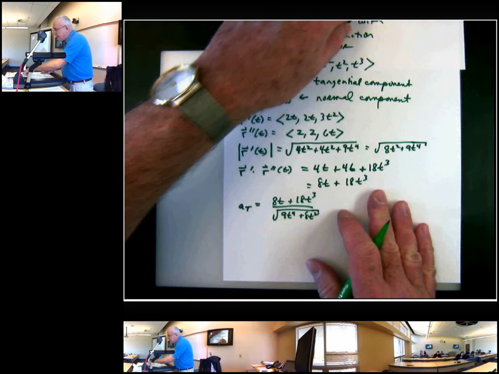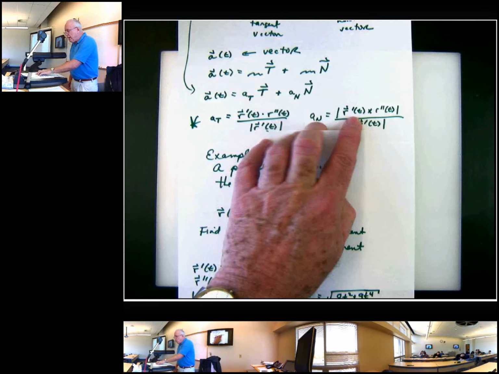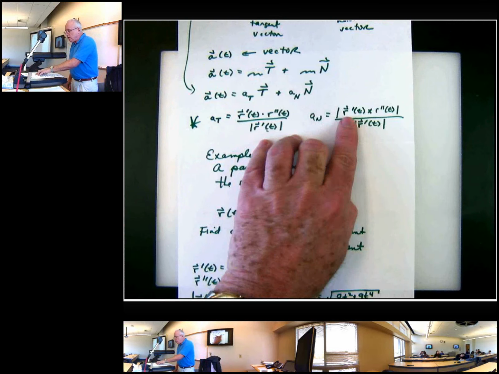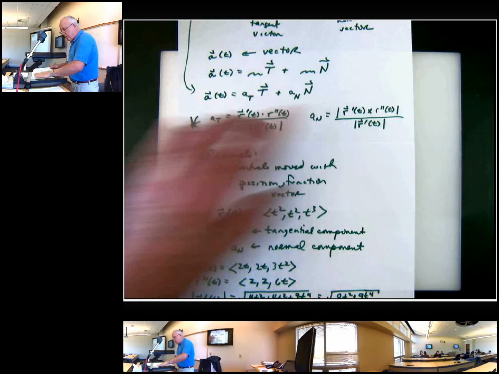So a sub n, the normal component: we're almost done here. For a sub n, we have to do the cross product of r prime and r double prime.